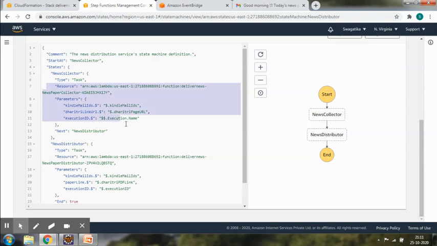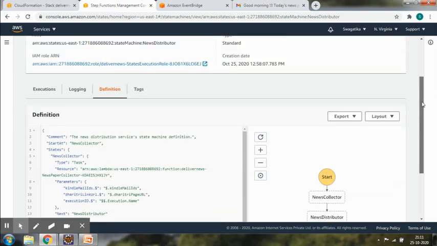Similarly, the output of this service is the same Kindle mail IDs and the PDF link, after that the unique execution ID. So whatever you see in the left hand side, the pictorial representation is presented over here. That is the news collector, one state, and the news distributor, another state. And after that, it sends that PDF as an attachment to my Kindle device.